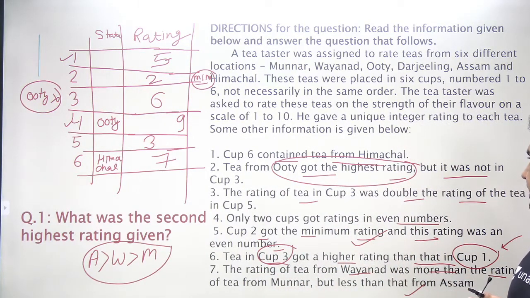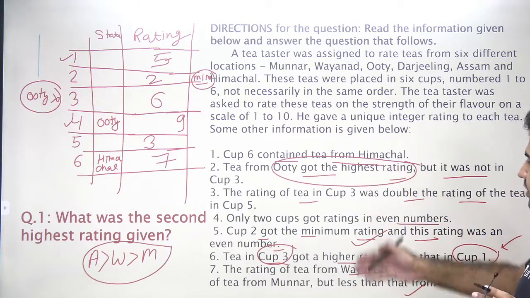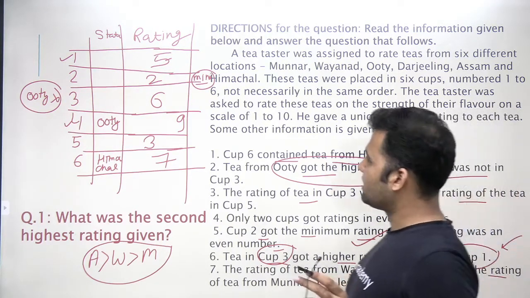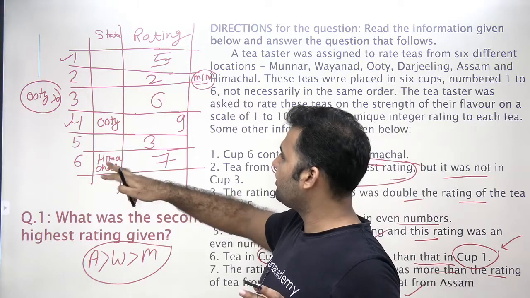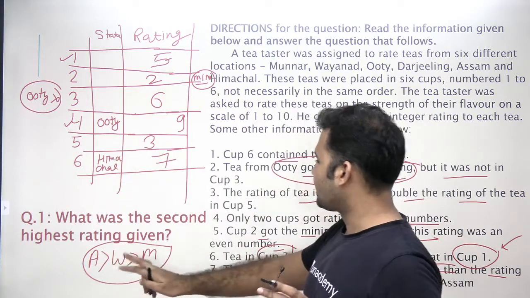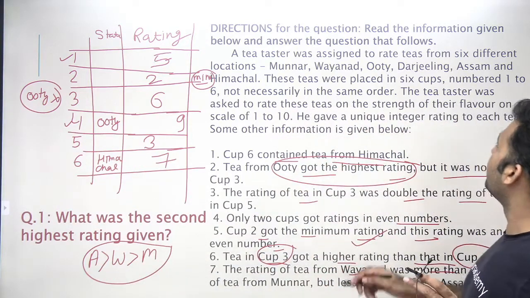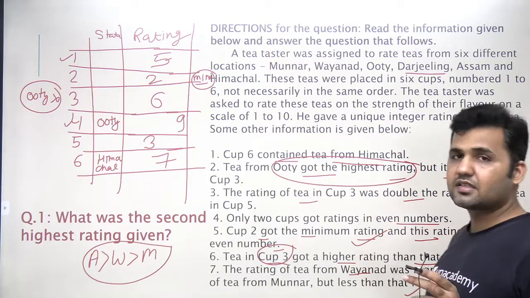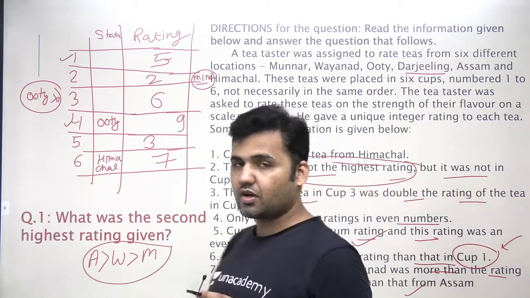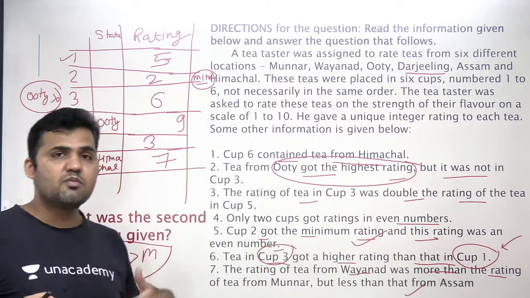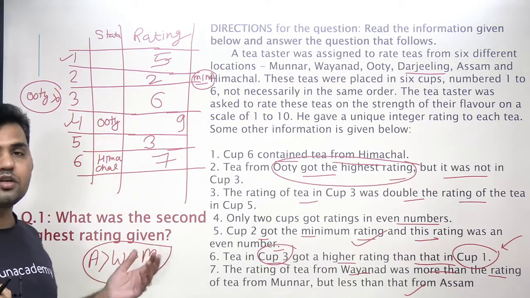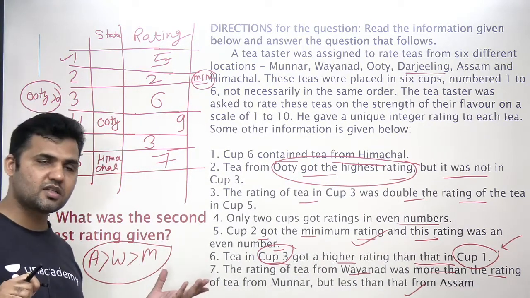No other information is talking about the state, so just keep it on hold. We know the state of Himachal will be here, Ooty will be here. Assam, Wayanad, Munnar, and Darjeeling are the state names that we cannot find in this case. We need more information for that.